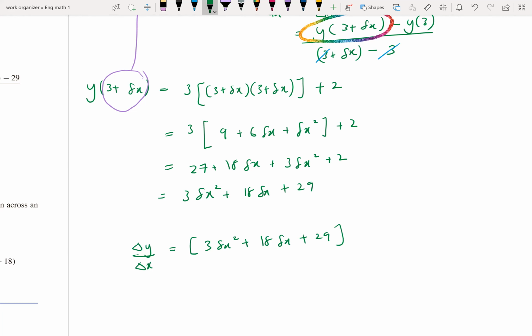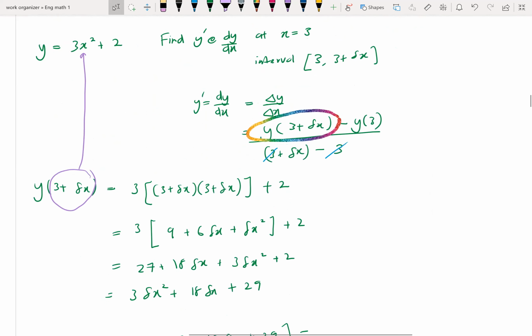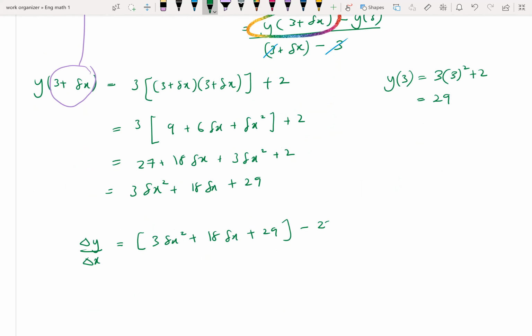This is for that one, and then for y(3), we just put x as 3: 3 squared plus 2, 9, 27, so 29. So we just minus 29, and this is over delta x.